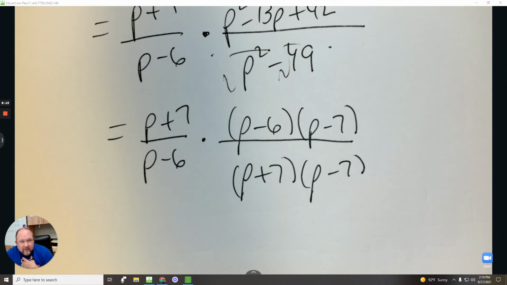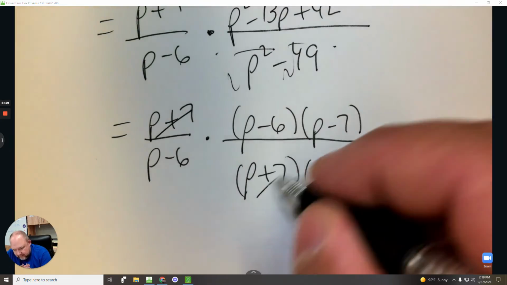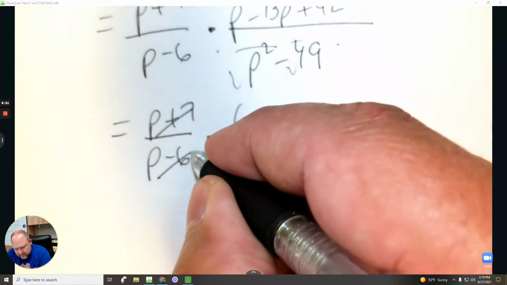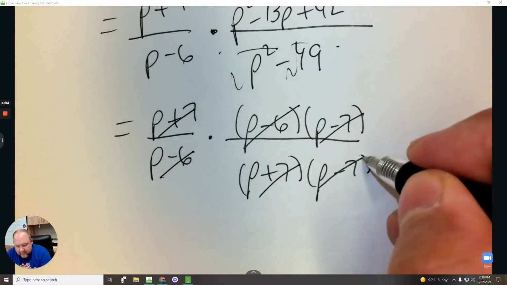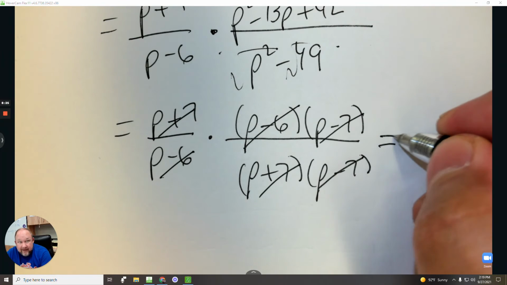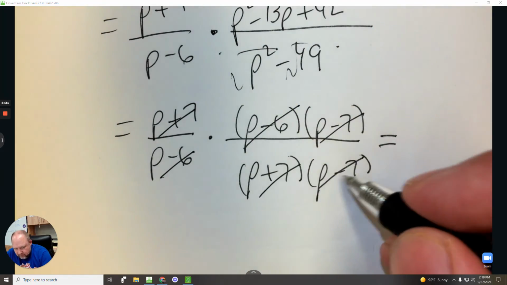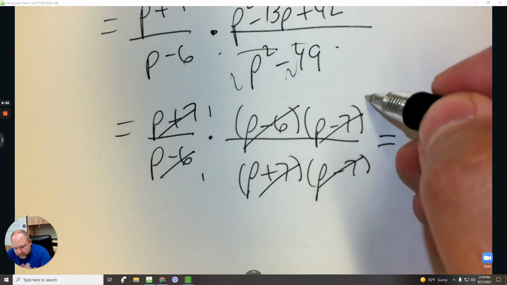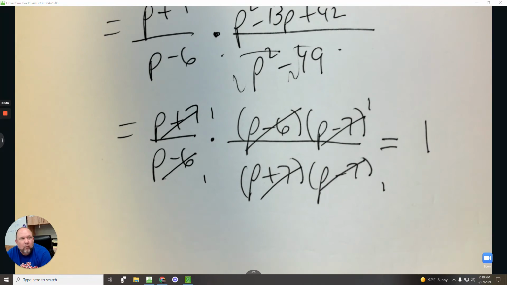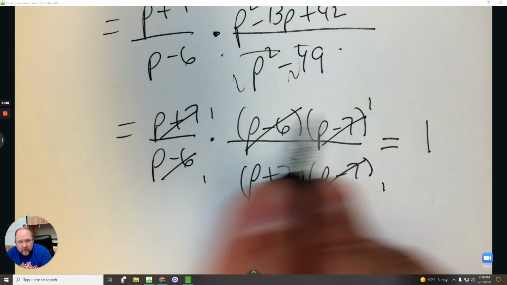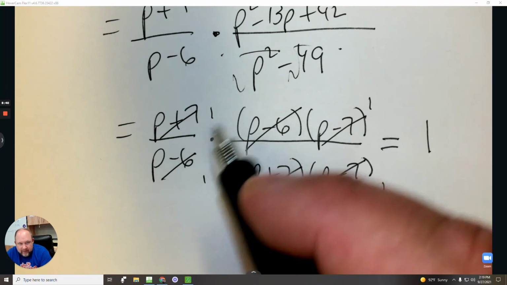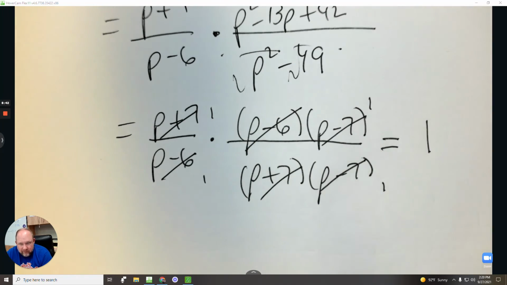And now, anything in the numerator can remove anything in the denominator. p plus 7, p take away 6, p take away 7. Now, everything removed. So the answer is not 0. With everything removed, what number is left over when you remove something? The answer is 1. So when everything is removed, 1 is left over, and the answer is not 0.